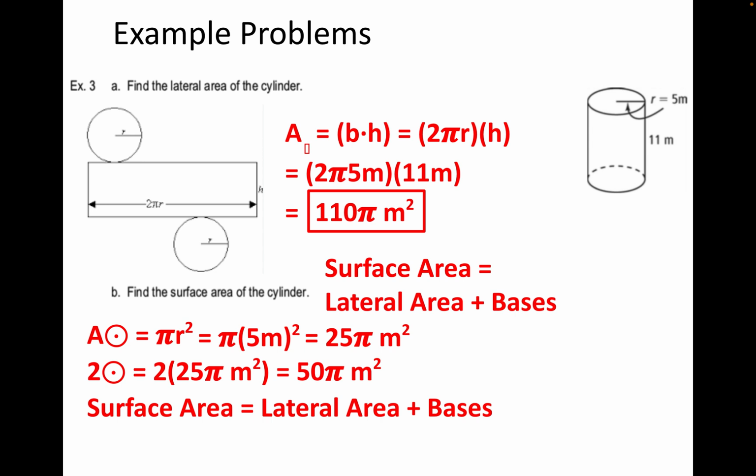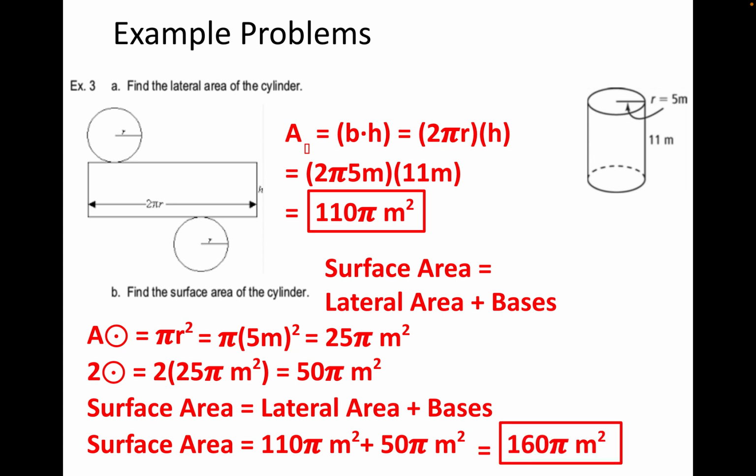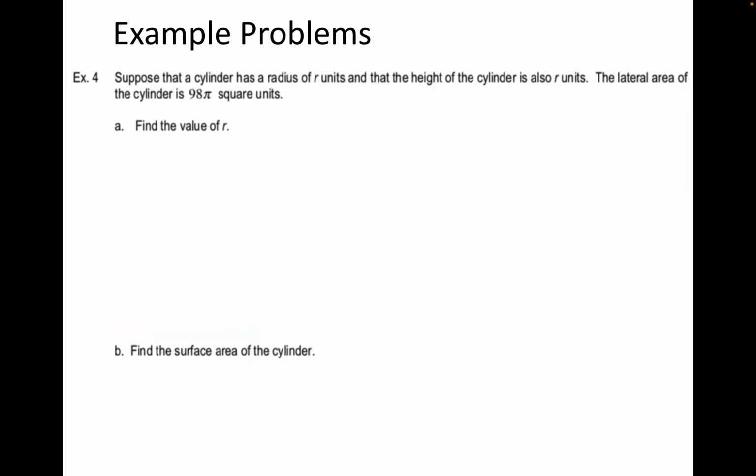As I just said, the surface area equals the lateral area plus the bases. So that would be 110 pi meters squared plus 50 pi meters squared, which equals 160 pi square meters.